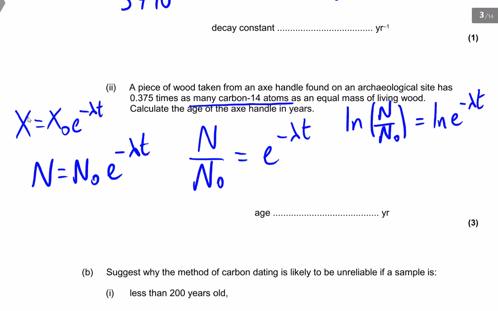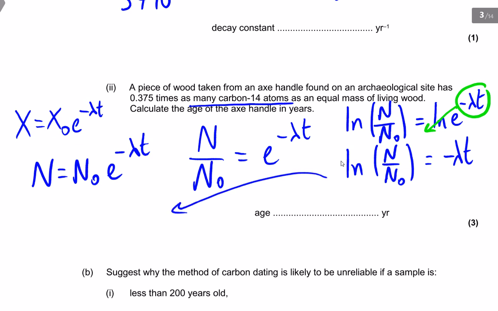Using our log rules, we know that we can bring this bit down to the front, and we end up with ln N over N naught equals minus lambda t. The natural log of e is just 1, so we end up with that. Then we can work out t: t equals 1 over minus lambda, ln N over N naught.